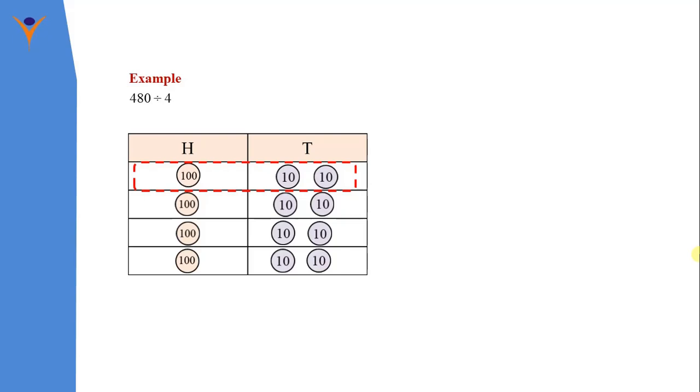In the second, third and fourth rows, the same thing applies: 100 and 2 tens, and that gives us 120. So what this means is that 480 divided by 4 equals 120. Straightforward, isn't it? Let's go on.